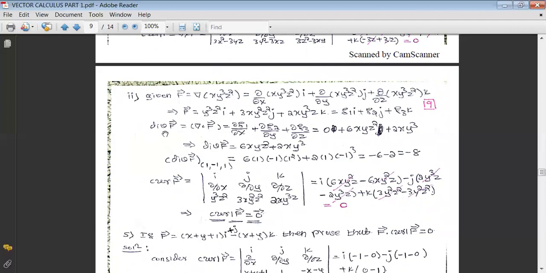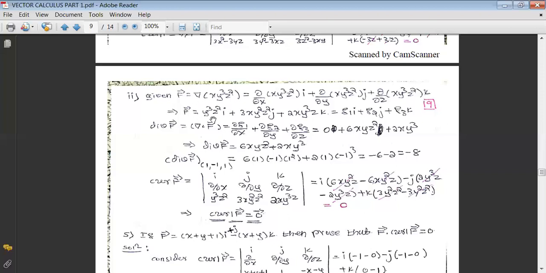The divergence of f bar is given by del dot f bar. If the components of the vector capital F bar are small f1, f2, f3, then the divergence of f bar is given by the partial derivative of the first component with respect to x plus the partial derivative of the second component with respect to y plus the partial derivative of the third component with respect to z.